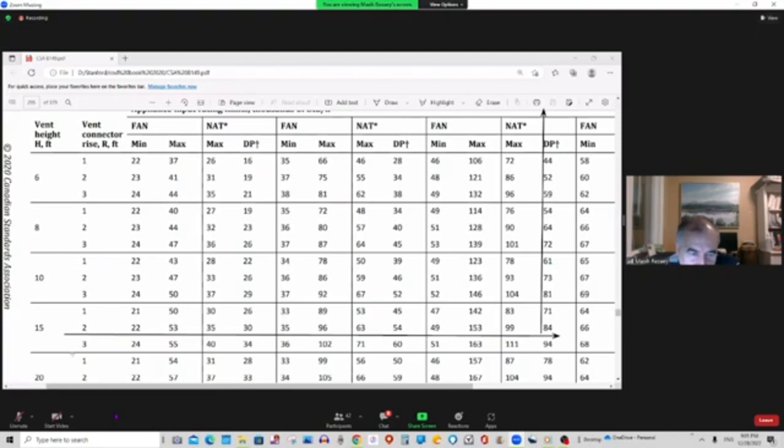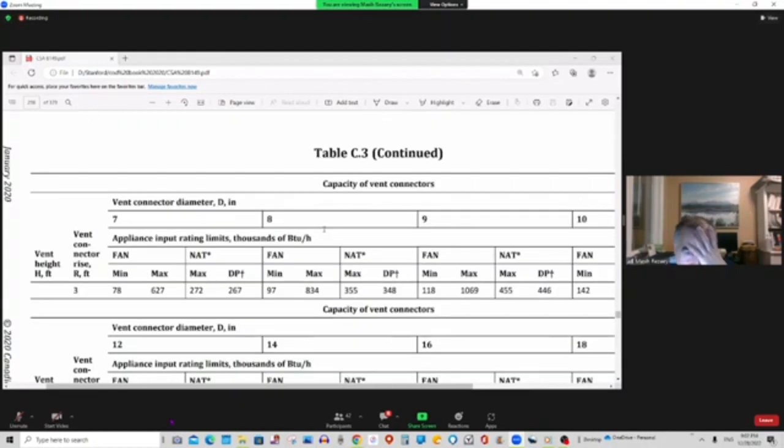The most important part now: I'm looking for the common vent. I have to go all the way down. Common vent, okay? Look at it. It says capacity of common vent. Everybody see it? What does that mean? It's page 2.